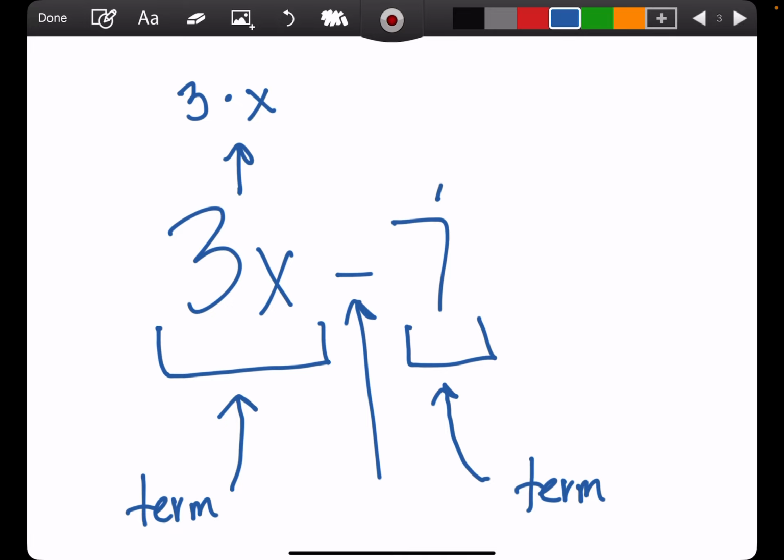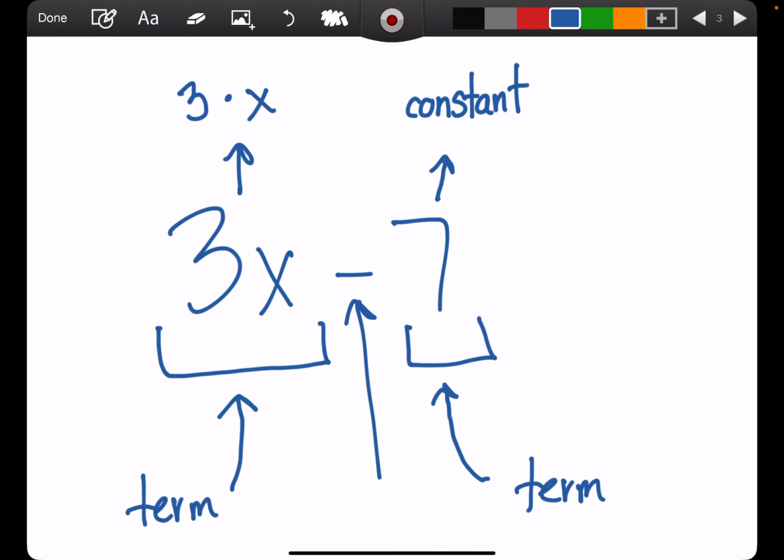7 by itself is considered to be what's called a constant, which is just a number by itself. In this case, it's also considered a term because it's one of the components in the expression. So we've got two terms in this expression.